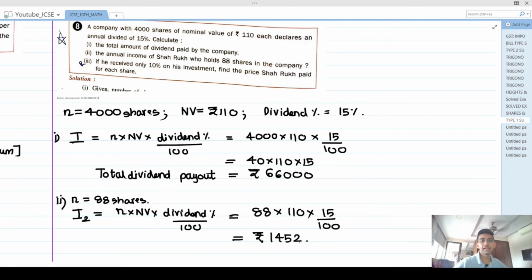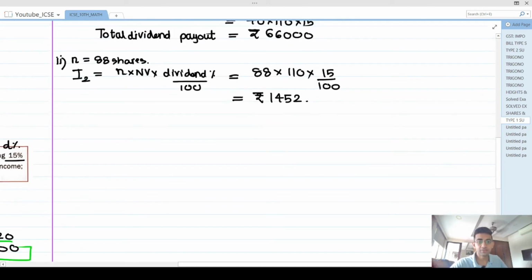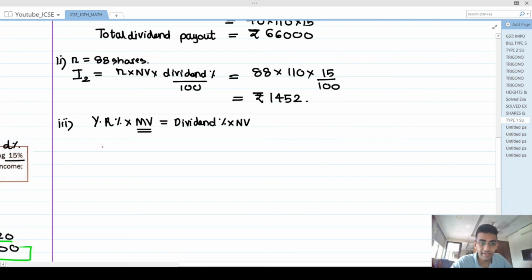If he received only 10% on his investment, find the price Shahrukh paid for each share. Now, when you read this, usually people get confused, but it's actually that main formula which you are missing out. Yield rate percent into MV is equal to dividend percent into NV. And we have to find the price he paid for each share, or we have to find the MV.